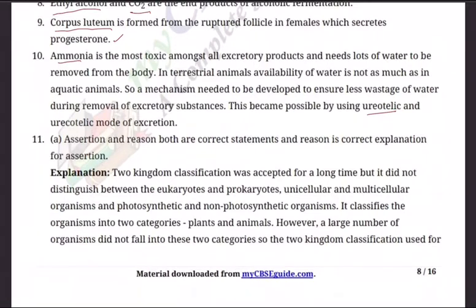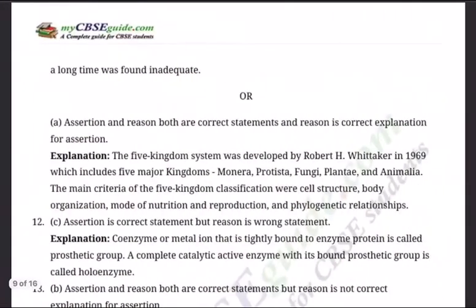It classifies the organisms into two categories, plants and animals. However, a large number of organisms did not fall into these two categories. So the two-kingdom classification used for a long time was found inadequate.